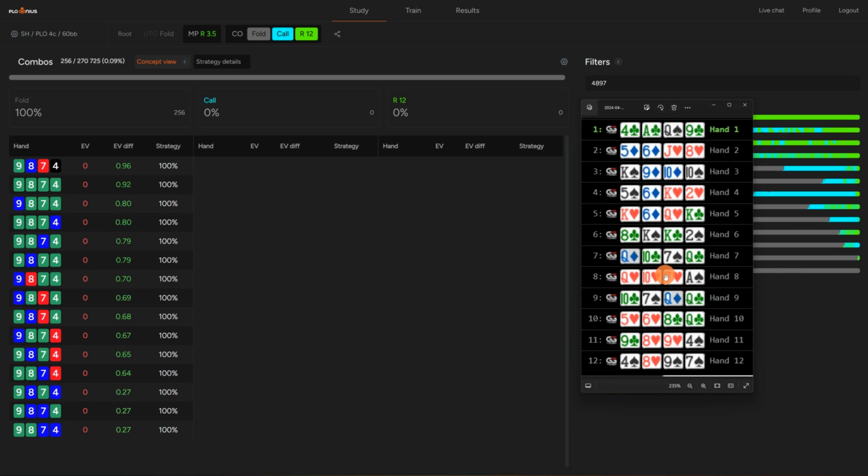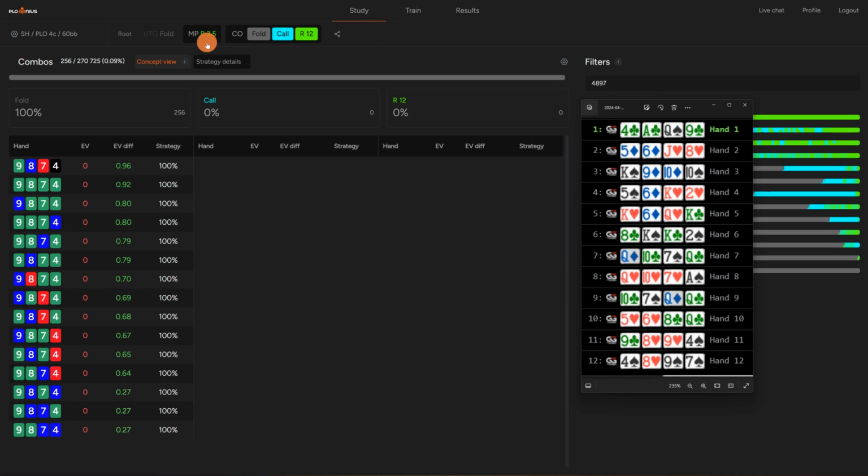Okay, so the next thing that I'm going to do, seeing I suck at playing the cutoff after someone's raised, is go and train. And all we need, you have this MP raising and the cutoff, just the cutoff set up there to make a decision.